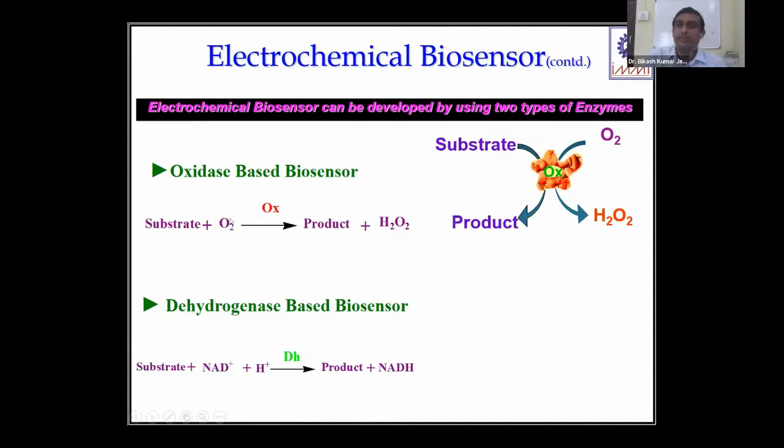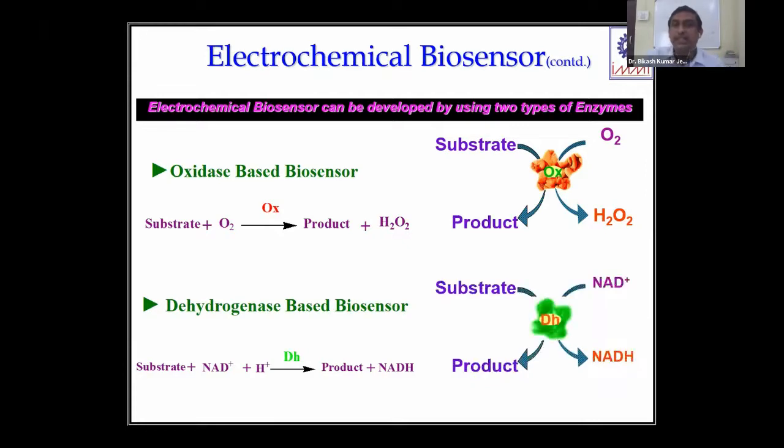That's called an oxidase-based biosensor. Suppose you want to understand the concentration of this analyte or substrate, you have to monitor how much hydrogen peroxide is generated. This generated hydrogen peroxide concentration is directly proportional to how much analyte has interacted with the enzyme. So you have to develop a system which can effectively monitor the enzymatically generated hydrogen peroxide. That is the oxidase-based biosensor.